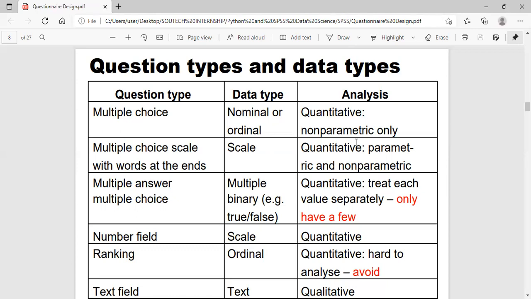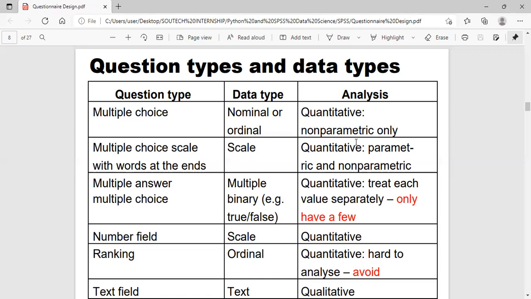Next, we have multiple answer, multiple choice. Multiple answers, let's say, have you ever answered a survey where they say, pick all that apply? Yes, where you can check several boxes.